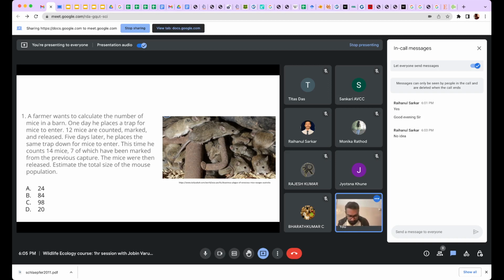Since the metal tag on the ear was an issue, the forest department was not very happy with us tagging the mice with metal tags. So we had to switch our tagging method. We used to clip the fur on the back of the mouse, on the dorsal part.